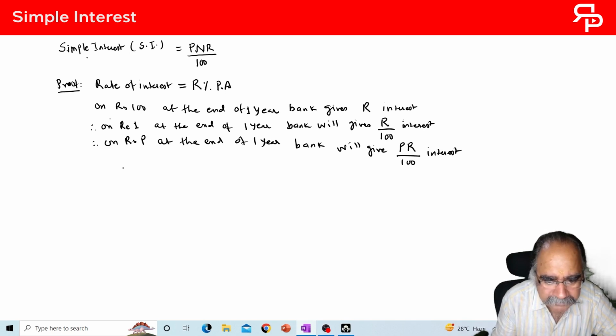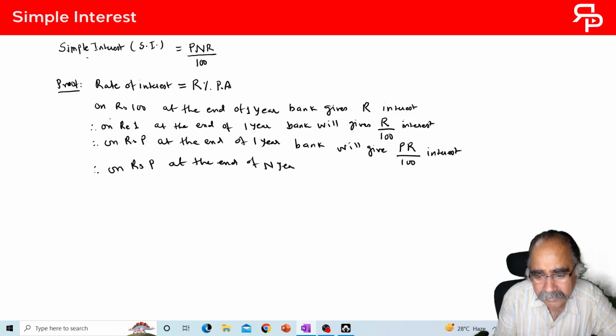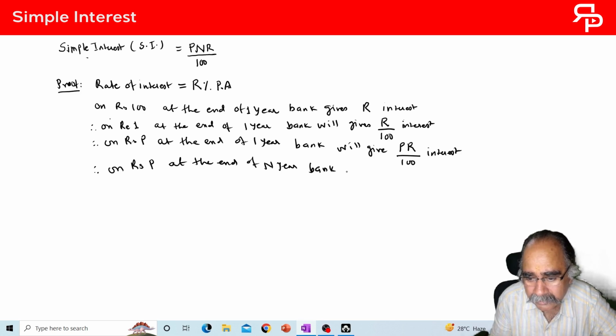If I deposit rupees P only, on rupees P, instead of 1 year, I will take n years. At the end of n years, the bank will give me, on 1 year it is giving PR by 100.